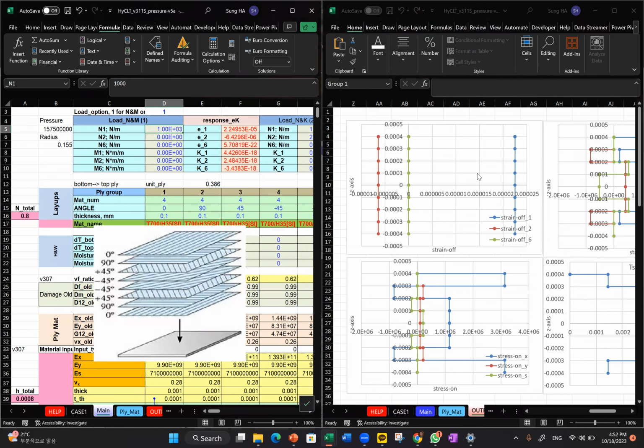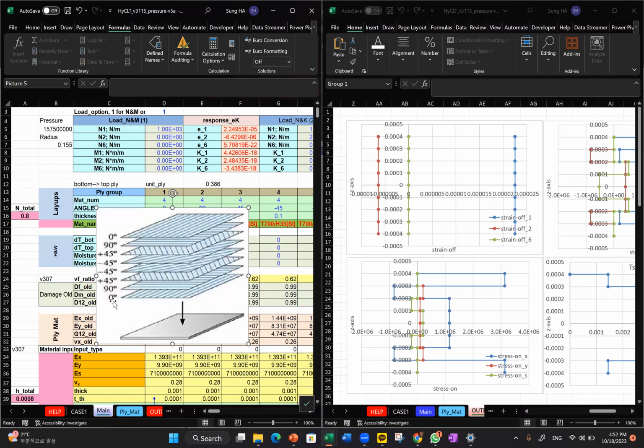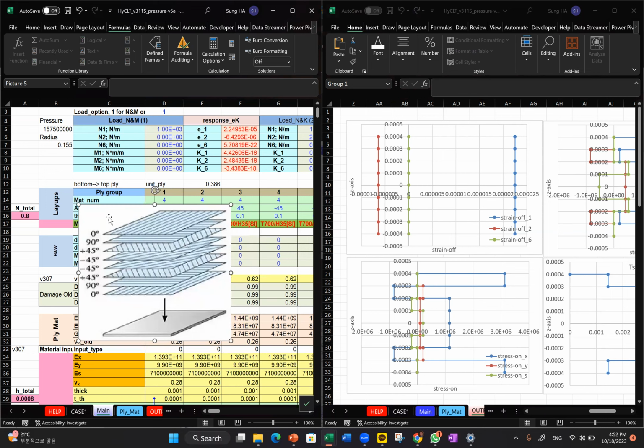This is the same as the old steel laminate. Actually, there's a theory that if we have 0, 90, plus or minus 45, and minus 45, 90, 0, these are all 45 degrees apart, which is called quasi-isotropic. By name, it means it behaves like the isotropic, so that's why all the strain is like this.